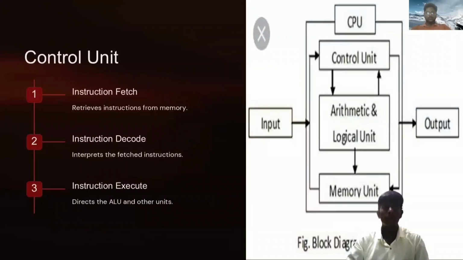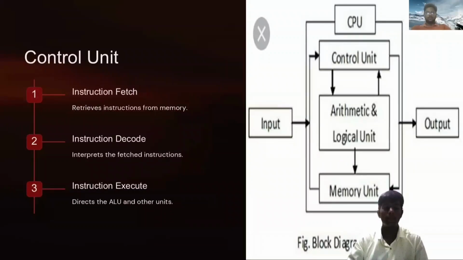Hello everyone, I am going to speak about the control unit in the functional units of a computer. The control unit can be seen as the manager of the CPU. It doesn't process the data directly, but it coordinates how the data flows between different parts of the computer. Instruction interpretation: the control unit interprets instructions from programs, converting them into signals that control other parts of the computer.